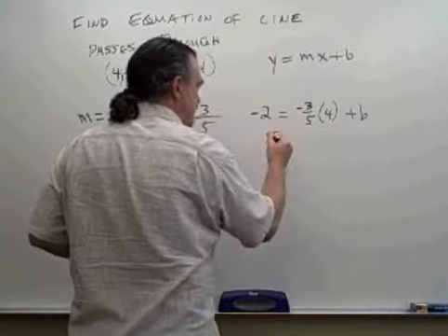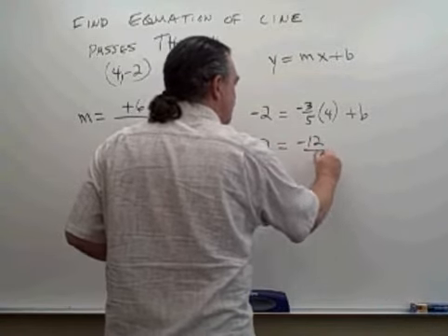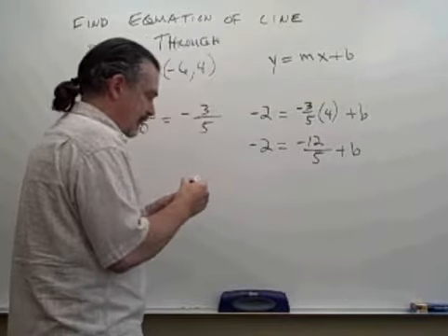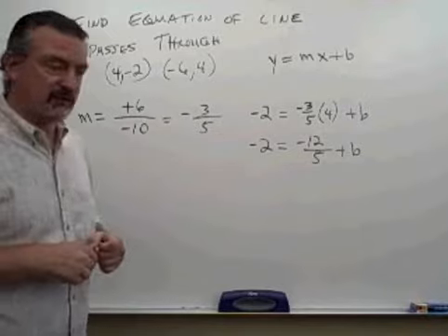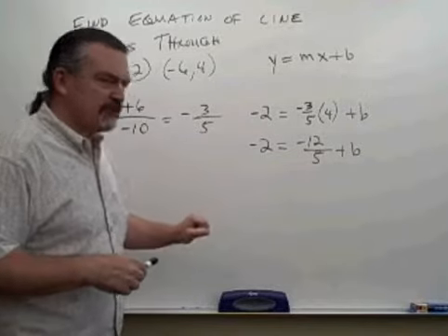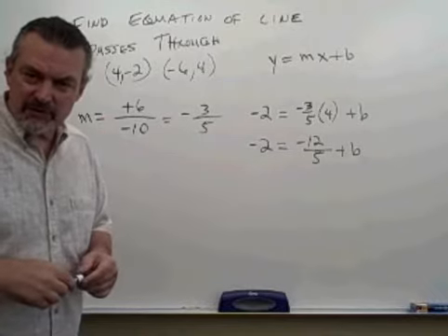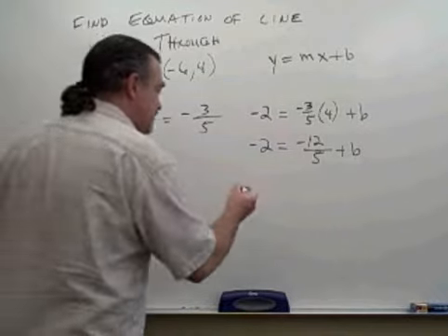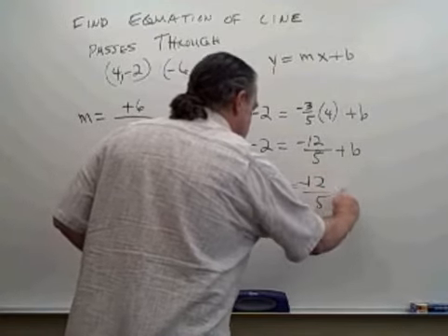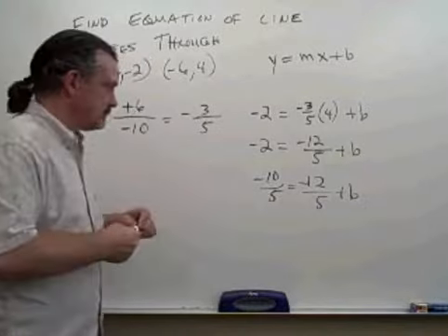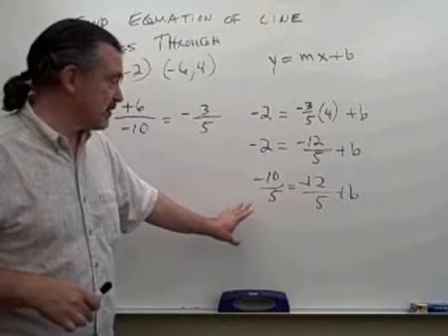So multiplying here, I have -2 equals -12/5 plus b. -3/5 times 4, that's 4 over 1, gives me -12/5. -2, aren't there 5/5 in each whole? So wouldn't -2 be equivalent to -10/5? And so if I want to solve for b, wouldn't I add 12/5 to both sides?